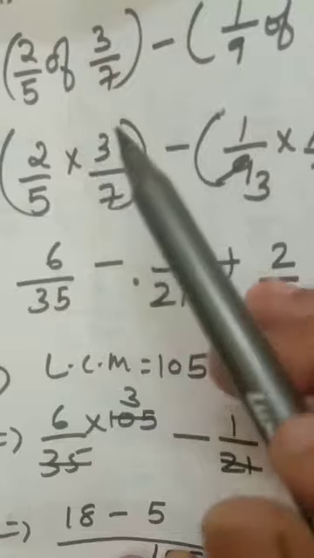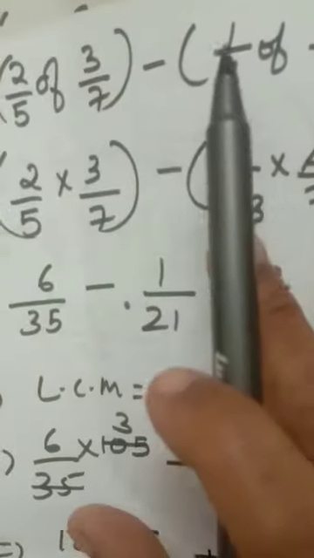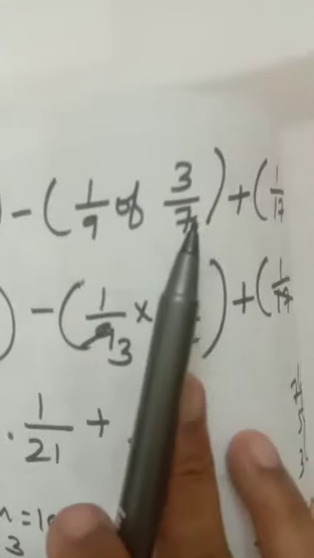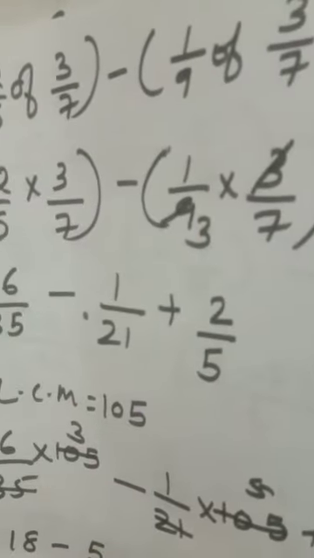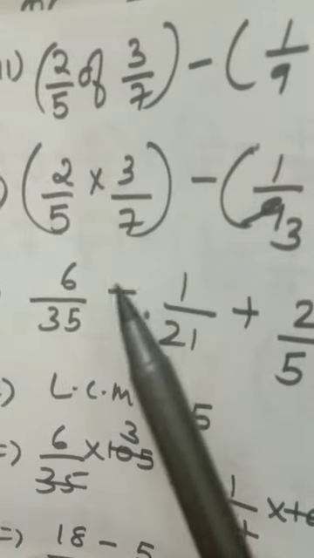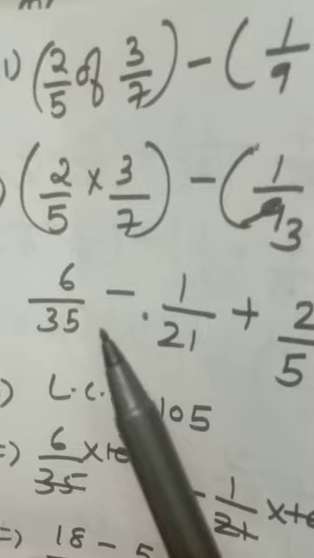Second: 2 by 5 of 3 by 7 minus 1 by 9 of 3 by 7 plus 1 by 17 of 34 by 5. See, 1 by 7 into 34 by 5. Of means multiplication. Here also of means multiplication. Multiplication you can cut out and write the number.